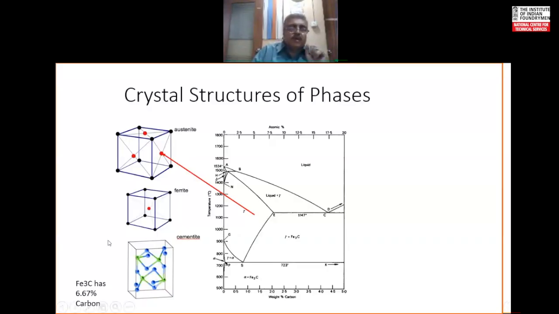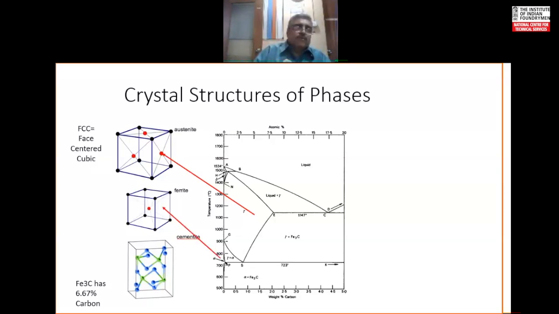Another phase, ferrite, which has a very small solubility level of carbon, has what we call a body-centered cubic structure. Iron atoms are present at all the corners plus at the center of the cube.